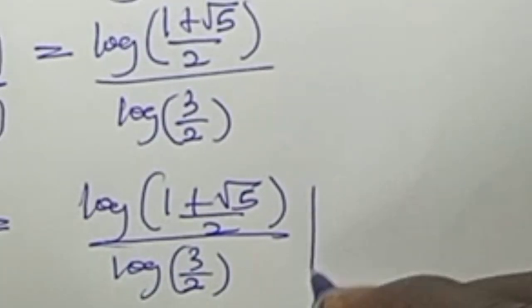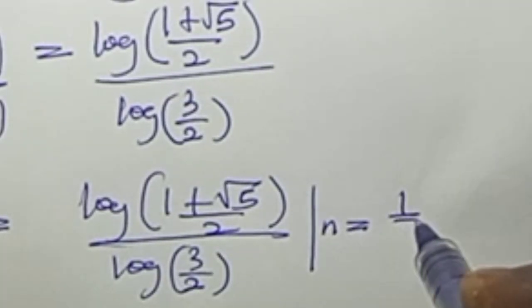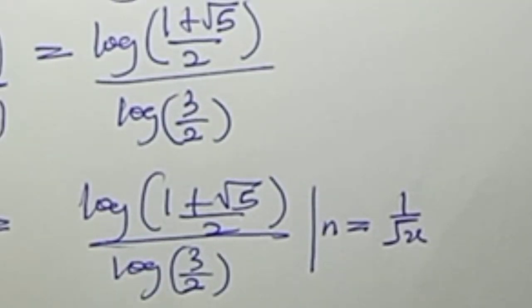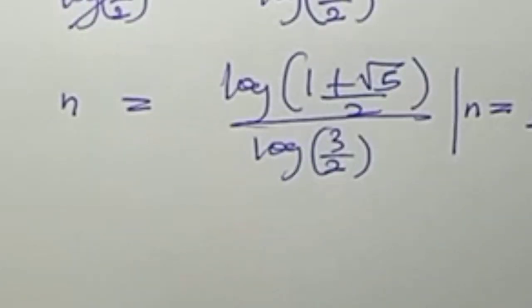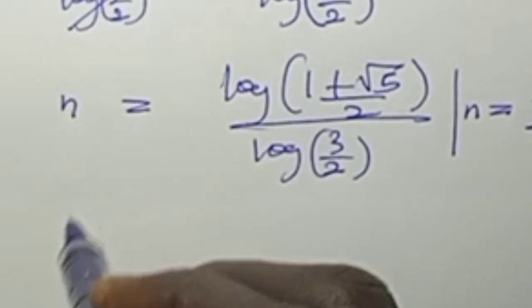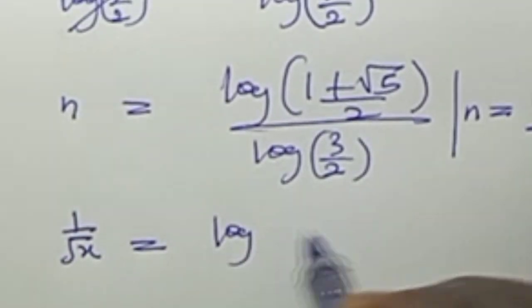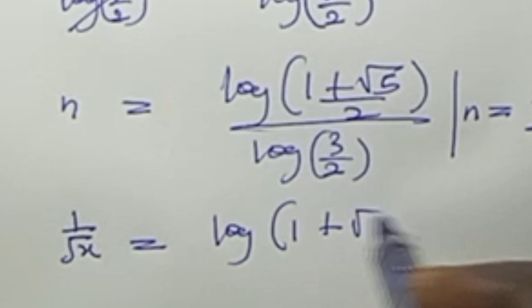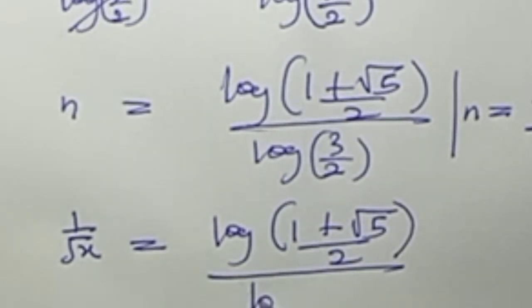Also remember that we had n equals 1 over root s. So if we bring this in, it becomes n as 1 over root s equals log of (1 plus root 5 over 2) all over log 3/2.